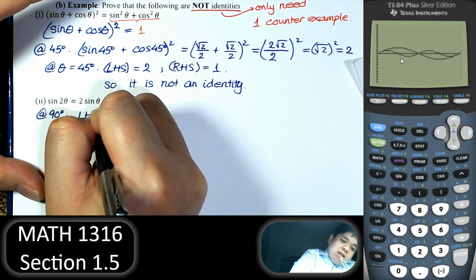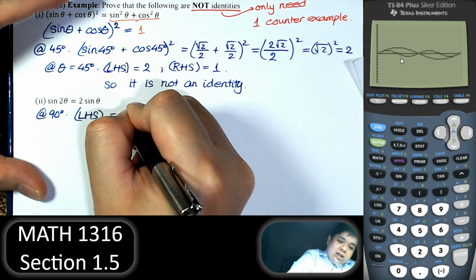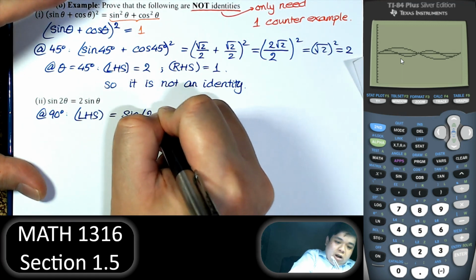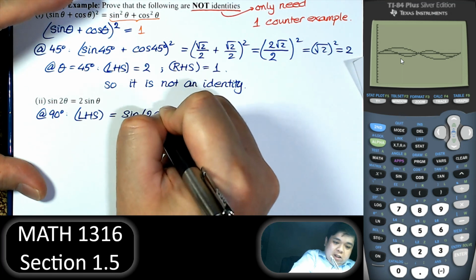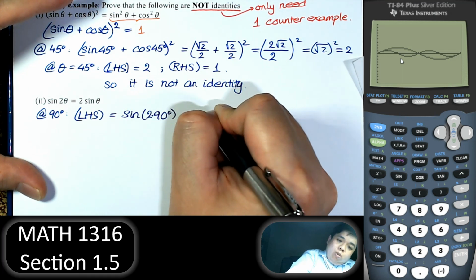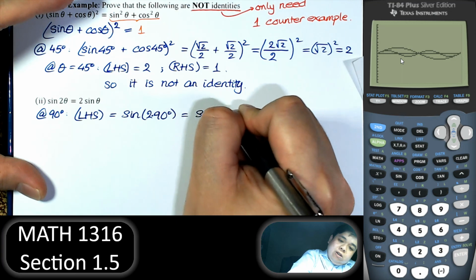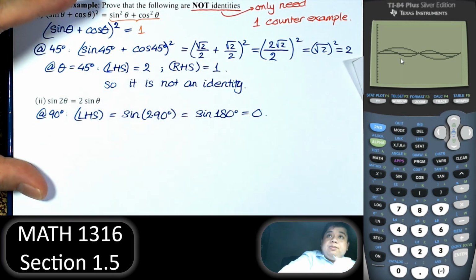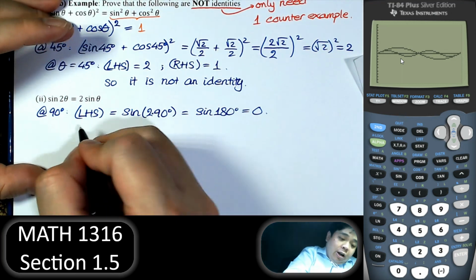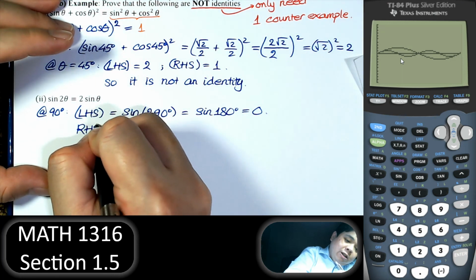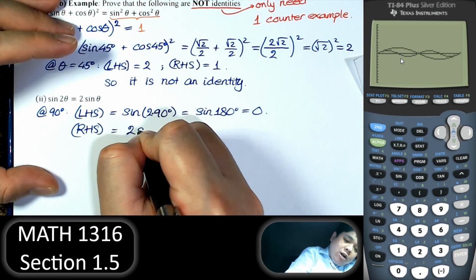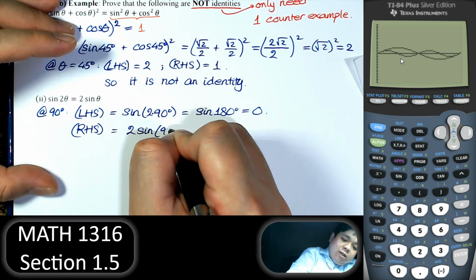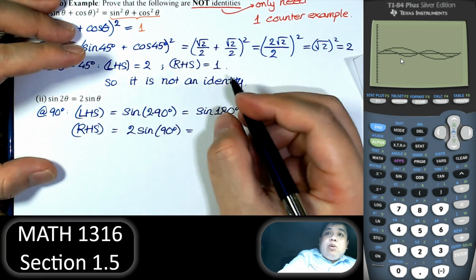The left hand side, sine of 2 times 90 degrees, sine of 180 degrees, which is 0. The right hand side is 2 sine of 90 degrees. Sine of 90 degrees is 1, right?